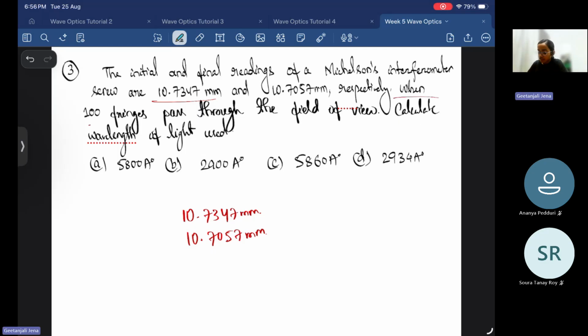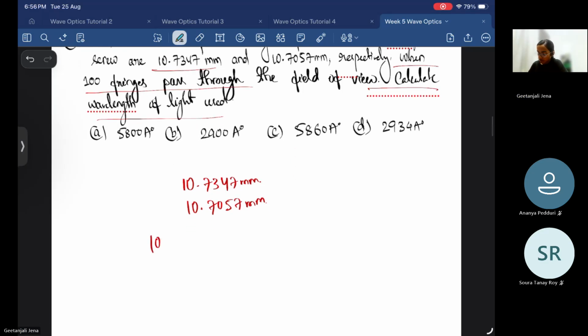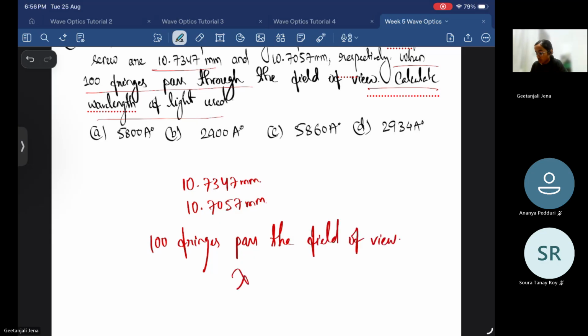And when 100 fringes pass through the field of view, calculate the wavelength of light used. We need to calculate what is the wavelength. Okay, option A. Yes, it is correct.